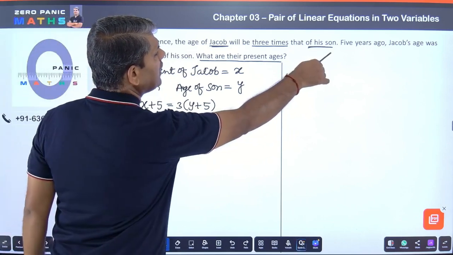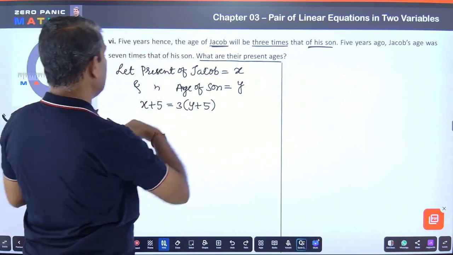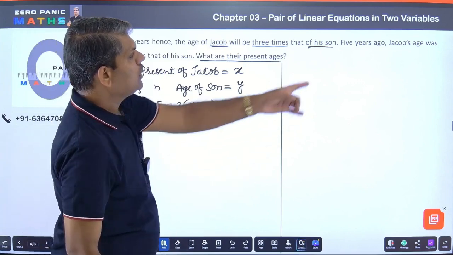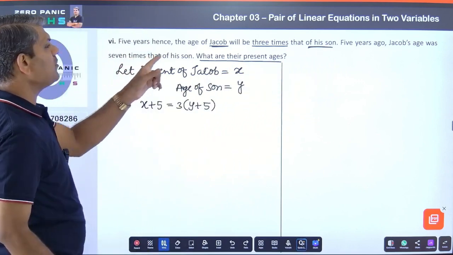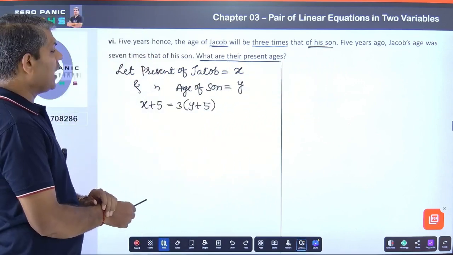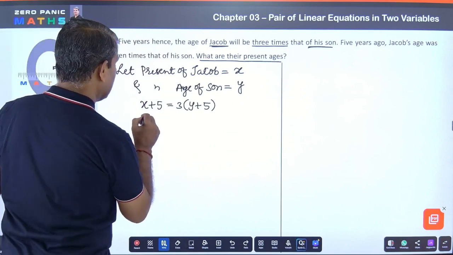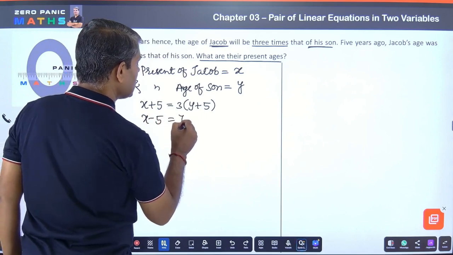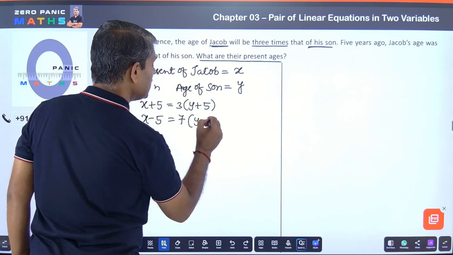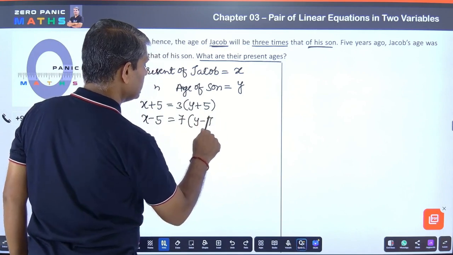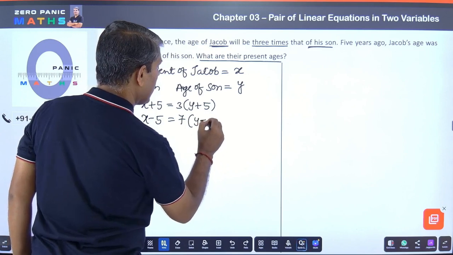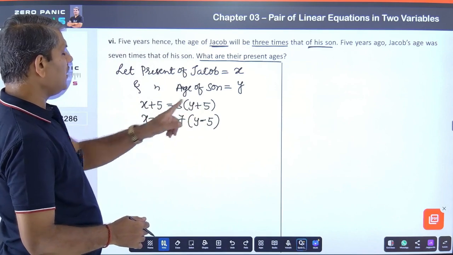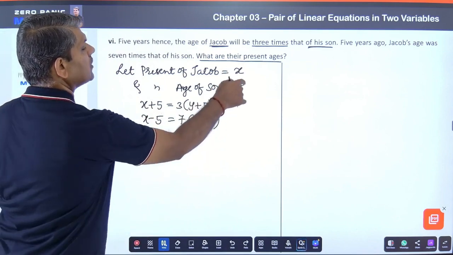Now what is the second equation? 5 years ago, Jacob's age was 7 times that of his son. So I can write that also: x minus 5, 5 years ago, it was 7 times the age of his son, y minus 5. 5 years after and 5 years before, and this is current.